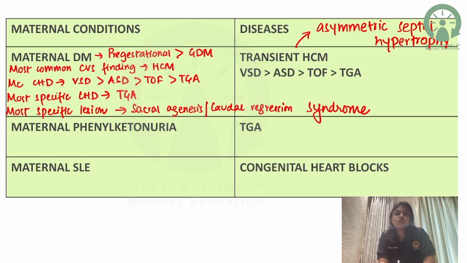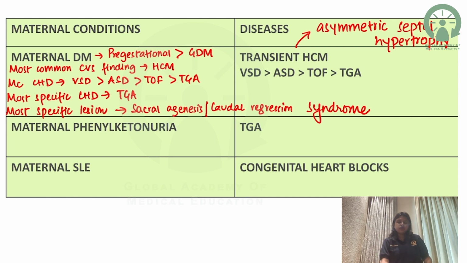And I already told you in maternal diabetes mellitus, we should first look for blood glucose if the baby is having seizures. And if the blood glucose is normal, then we need to check calcium. TGA is also associated with maternal phenylketonuria. So in maternal diabetes mellitus, most specific is TGA, and in maternal phenylketonuria, we can again have TGA.